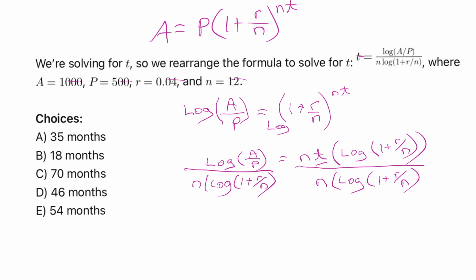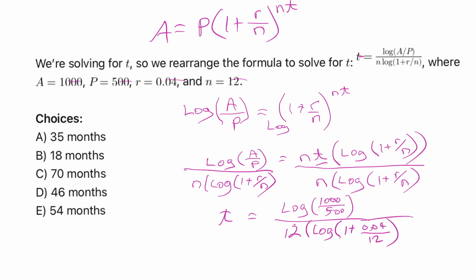Now, our T, if we'll just put it on the left, is equal to the log of 1,000 over 500 divided by N log, and our N is 12. So we're going to back up and make that a 12, since we have that number. 12 times log of 1 plus, now my interest rate's 0.04, over, and my N is 12 again.